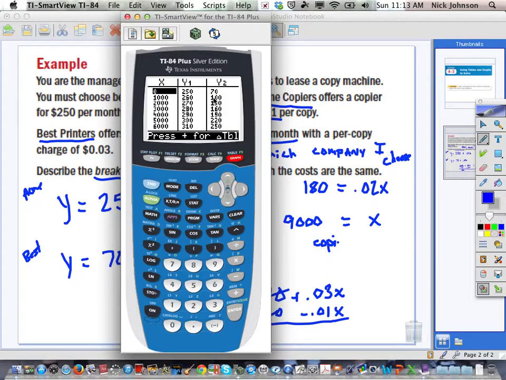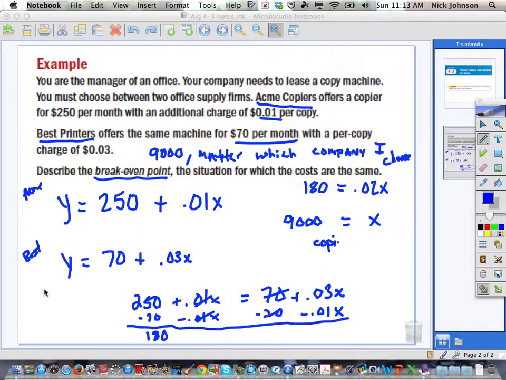So Best Printers is good all the way until you get to 9,000 copies. Okay? So if you're going to make 9,000 copies or under, you want the Best. 9,000 or less. Okay?